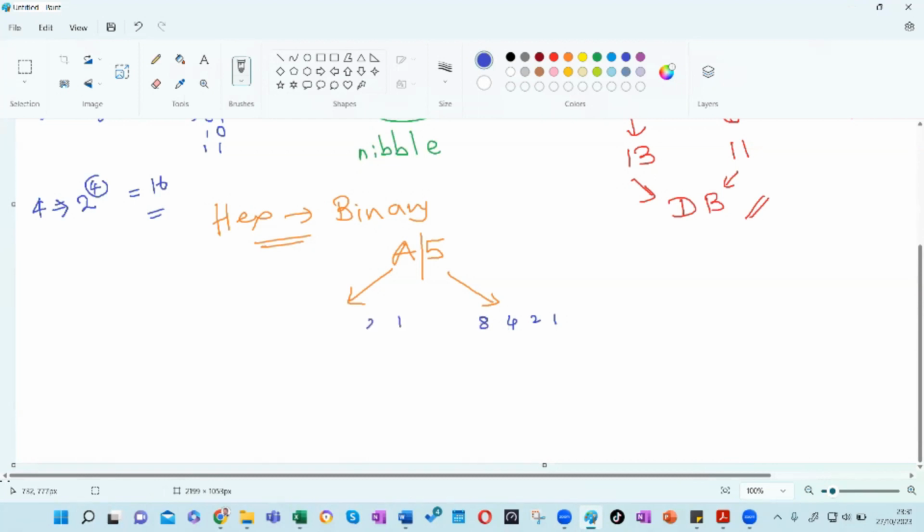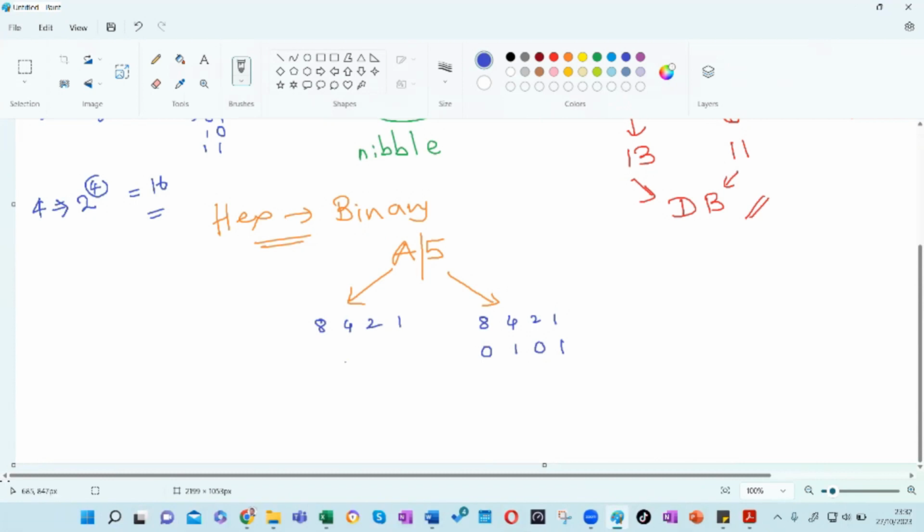Let's put 5 into this. If it is 5, there's no 8, there's a 4, no 2, and a 1. So 1, 0, 1. That's 5. 0, 1, 0, 1, because we had to use 4 bits.